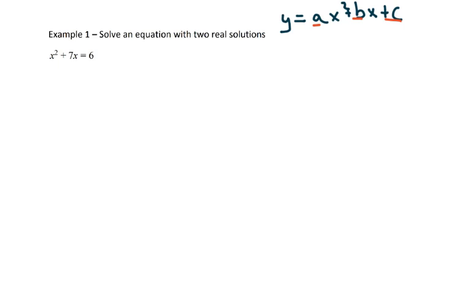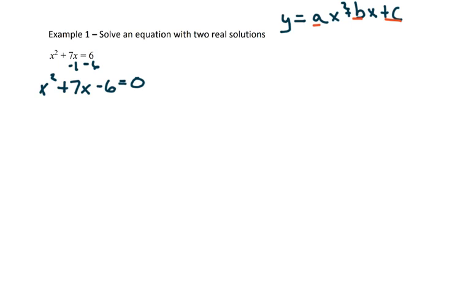And that also means, if you look at this, we don't have a y here, which means all we need to really do with this is set it equal to 0. Get everything on one side, which is easy. I can simply subtract x from both sides, or 6 from both sides. So let's rewrite this. When I subtract 6 on both sides, here's what I end up with: x squared plus 7x minus 6 equals 0.